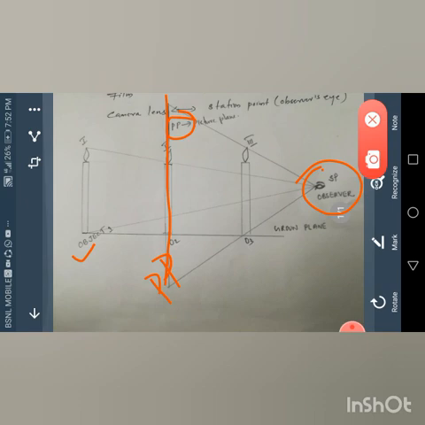In that case, visual rays will be coming from the ends, piercing the picture plane and converging to the observer's eye. So the size of the object will be this much only.